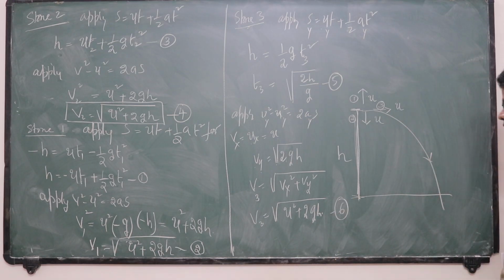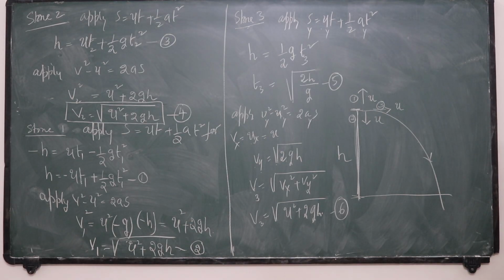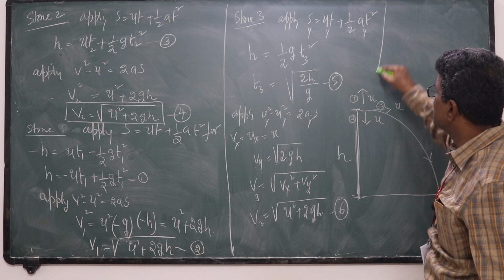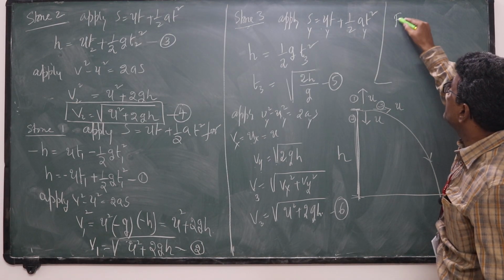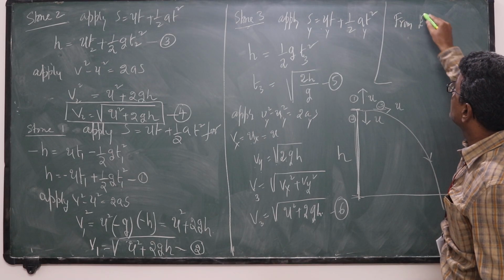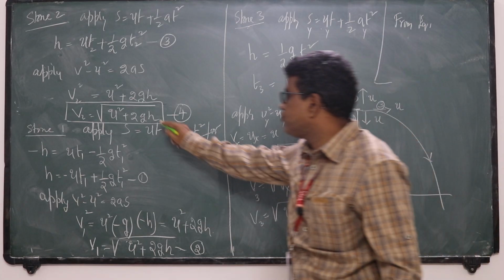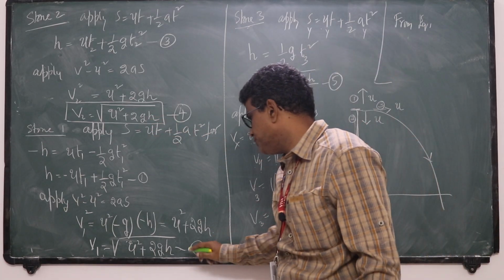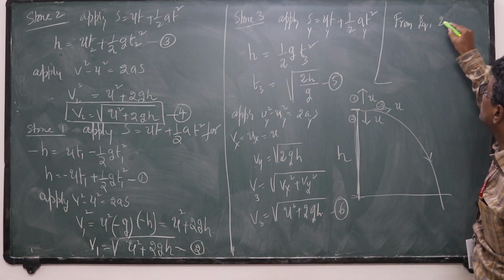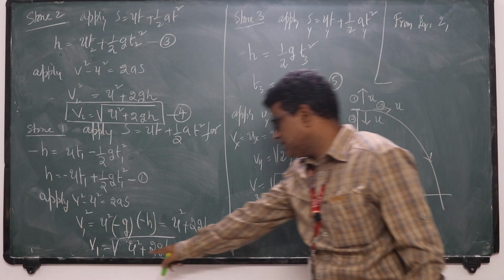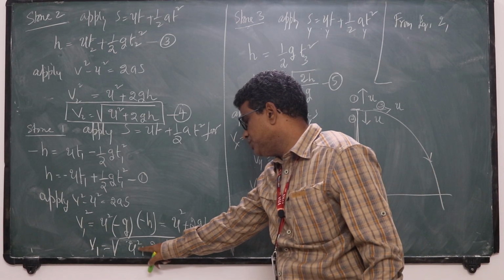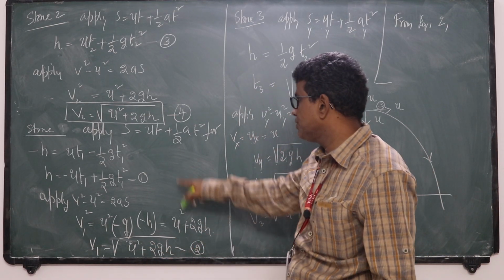See, now what can we conclude? You observe the equations. First I will take equation 2: V1 is equal to the square root of u square plus 2gh.